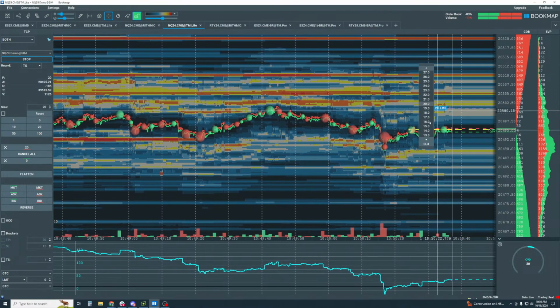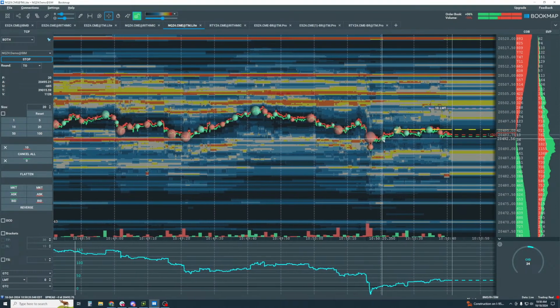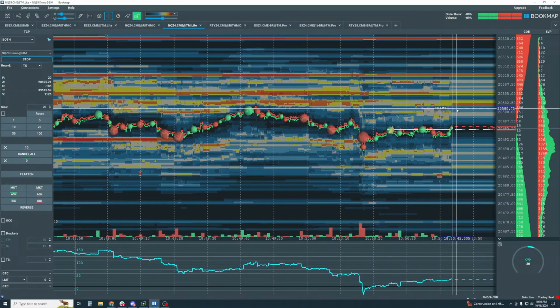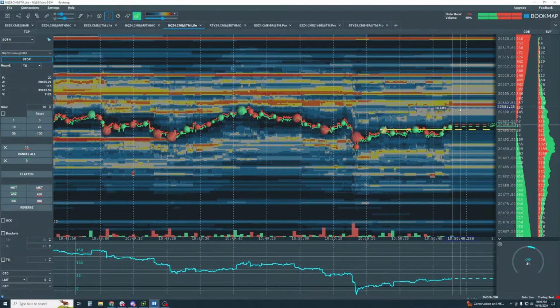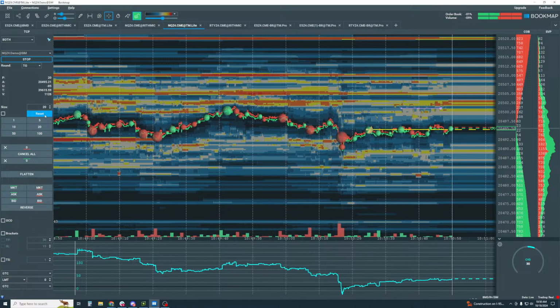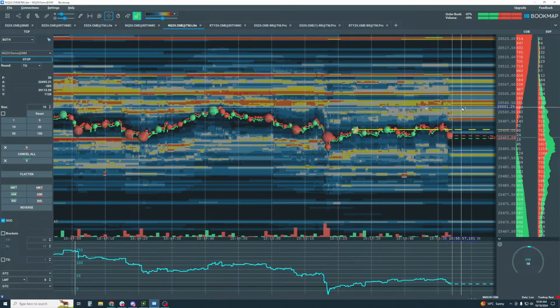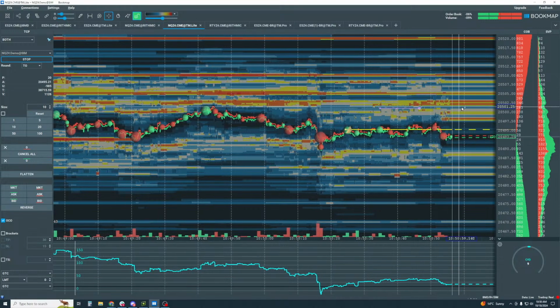And actually, I'll take off half. So I'll click on that, scroll down, make it 10. In fact, let's cancel this by using your center mouse wheel as a button. I'm going to select 10 here, and I'm going to use OCO. Okay, and I'll right click for a limit sell.